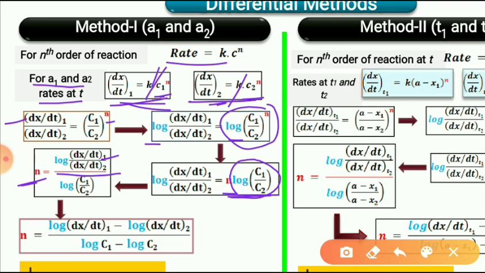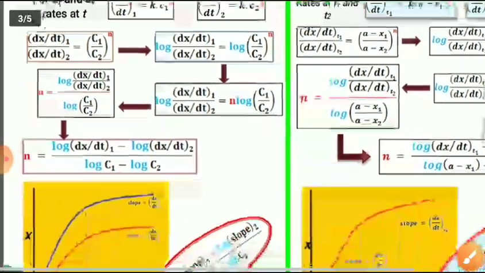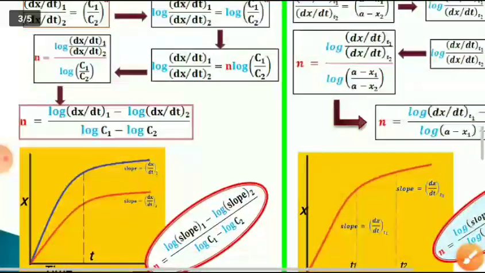So n equal to log of dx upon dt1 minus log of dx upon dt2 divided by log c1 minus log c2. We apply the formula log of a upon b equals log a minus log b, and we obtain the formula from which we can calculate the order of the reaction.